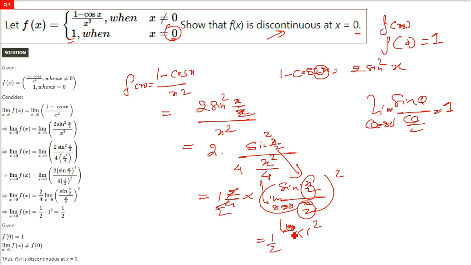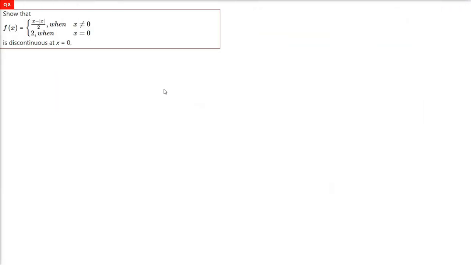Since the limit is 1 by 2, but the value of the function at x equals 0 is 1, they are not matching. So the function is discontinuous at x equals 0. If you have to show continuity, follow the left hand limit, right hand limit concept. If you just have to show discontinuity, follow this option.